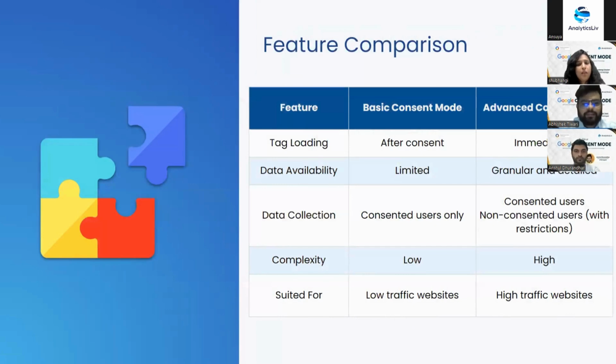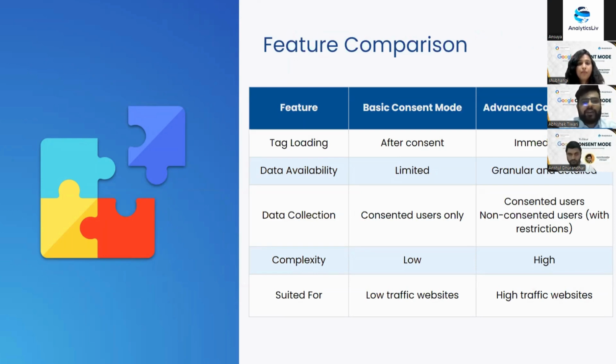Okay, so to help everyone understand this better, let's compare the two modes side by side. Can you walk us through the key differences? Yeah, of course. In basic consent mode, tags load after consent is given, as I mentioned earlier. But in advanced, it loads immediately as soon as the user visits the website. Then basic consent mode collects data from users who have given consent, whereas advanced takes from both, whether consented or non-consented.